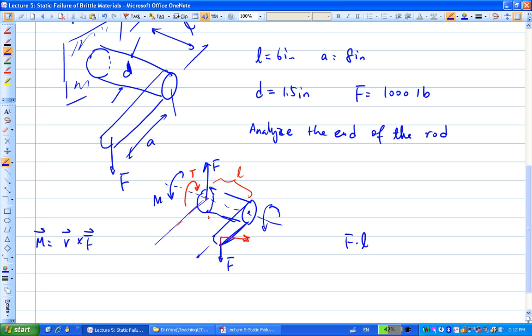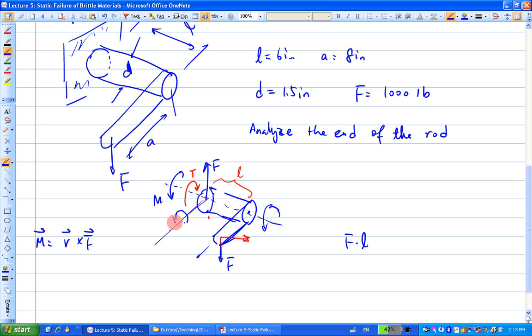Yeah. So basically, from the wall, you have this moment, and if I draw it over here, that moment is going to be, let me see, which way is that? That way, right? The other way.